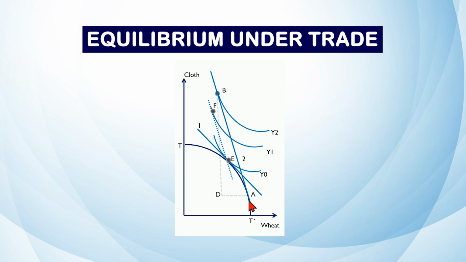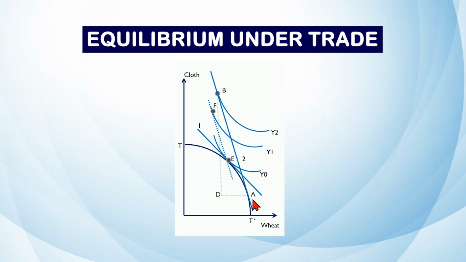So my production equilibrium is moving from E to A, and when I am producing at point E, I can reach Y2. Means initially my equilibrium was on Y0. Now I am moving to Y2.